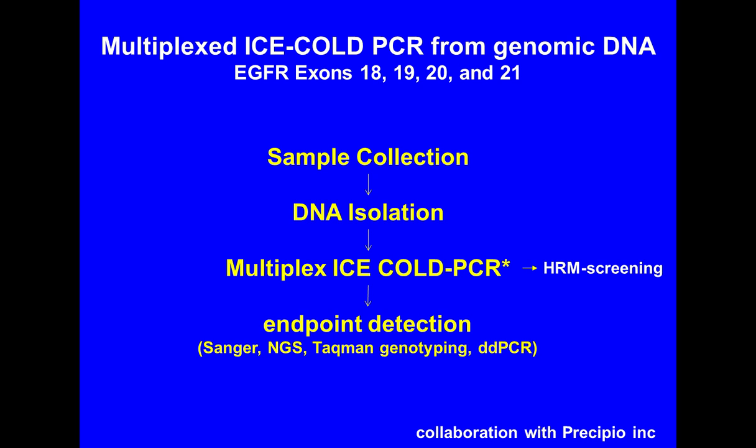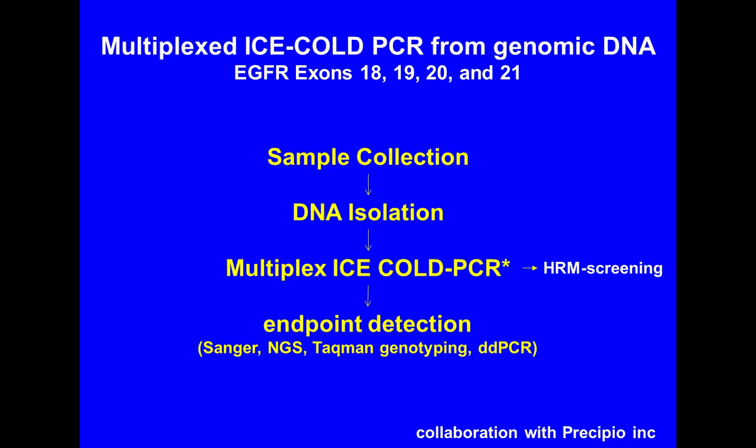In collaboration with Precipio, we have also been developing such systems, and what you see here is multiplexing of four amplicons for EGFR, exons 18 to 21.